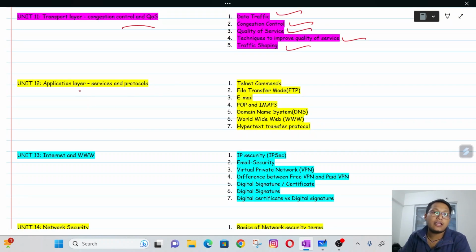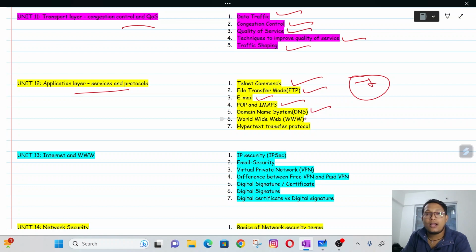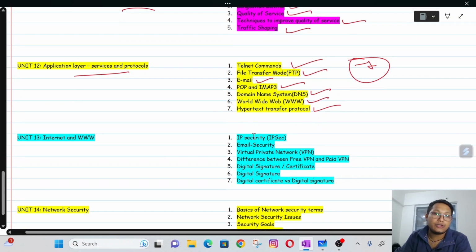Next topic is the application layer, services and protocols. This is in unit 12, and there are 7 subtopics in unit 12. Those are Telnet commands, file transfer protocol FTP, email, POP and IMAP, domain name system DNS, World Wide Web WWW, hypertext transfer protocol. These 7 topics are explained in application layer unit 12.